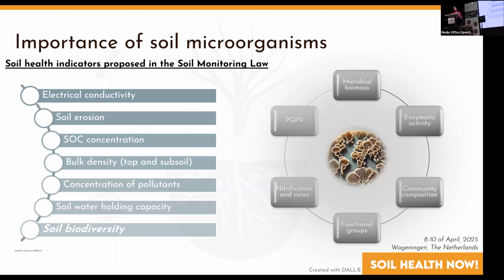From a regulation perspective, the soil monitoring law is now including soil biodiversity in the list of soil health indicators or descriptors. You can see, last but not least, is soil biodiversity. And according to the literature, we can express this biodiversity in different measures or representations, specifically for microbes in soil.